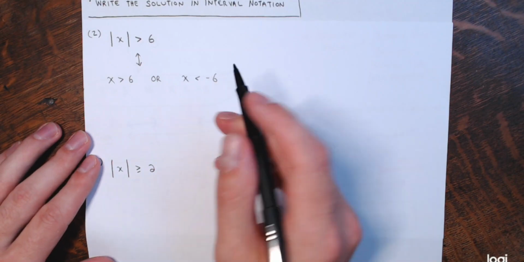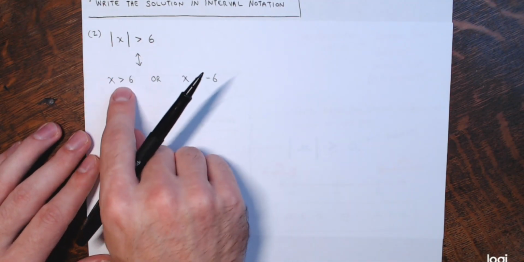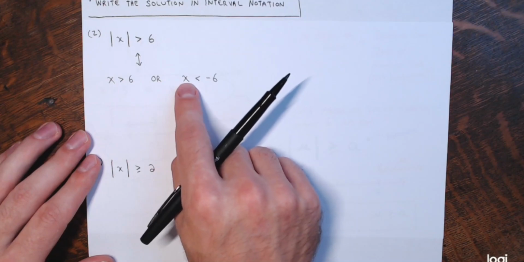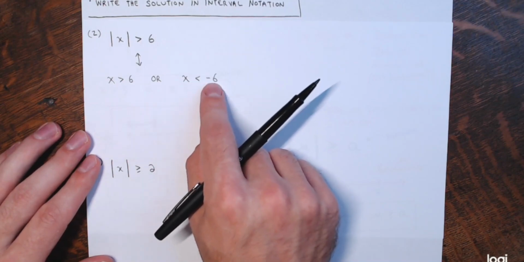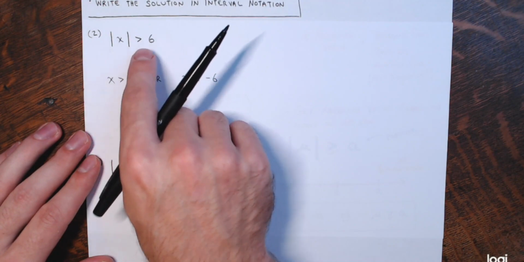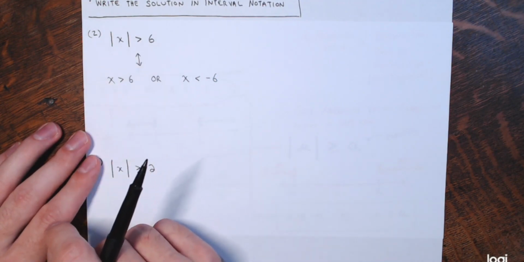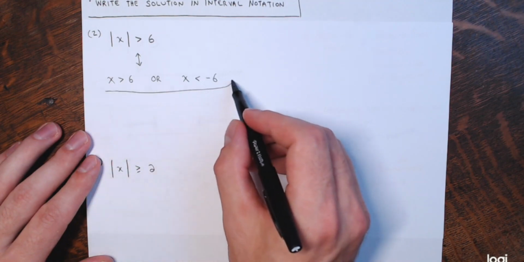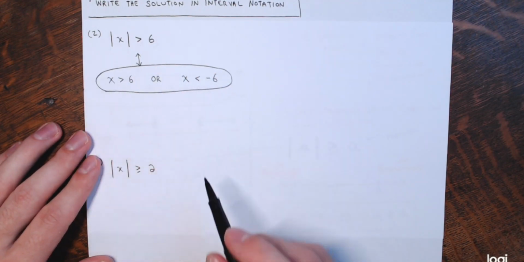If x were some number to the right of 6, this would be true. Or if x were some number to the left of -6, you'd have numbers that were further than 6 units from 0, that would also be true. And both of these are already solved for. The variable's already alone, so done with that.